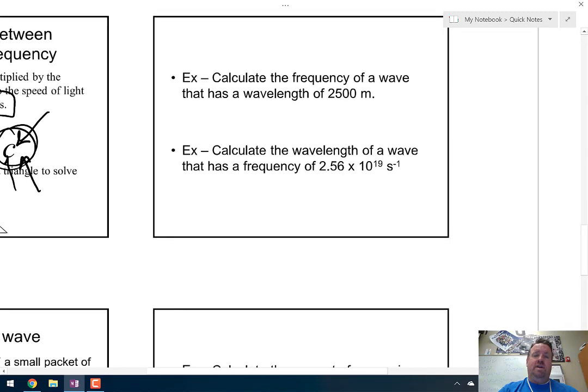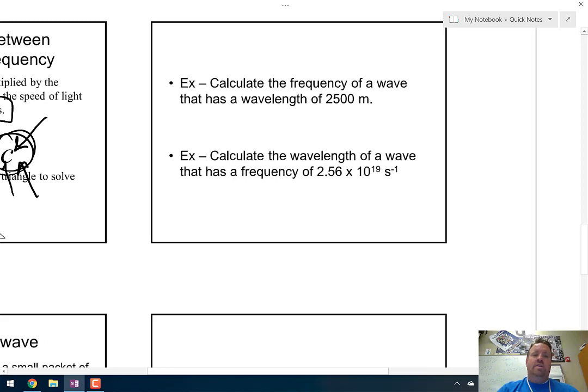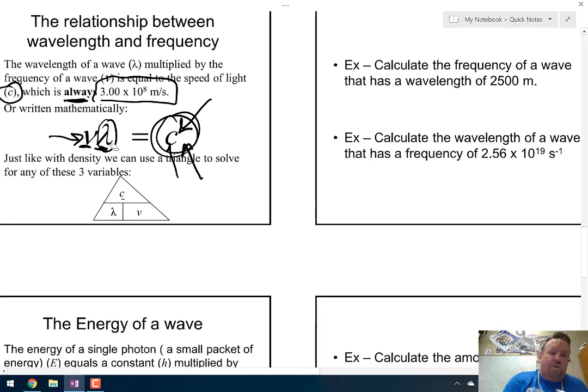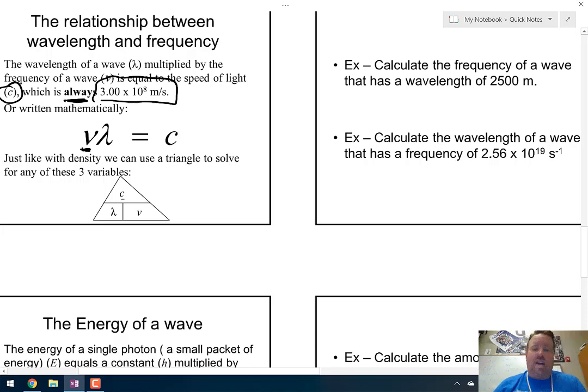So here's a couple of example problems we can do. It says, calculate the frequency of a wave that has a wavelength of 2,500 meters. So we want to get the frequency of the wave. Frequency, again, coming back over here, is that lowercase nu, and we want to solve for that.